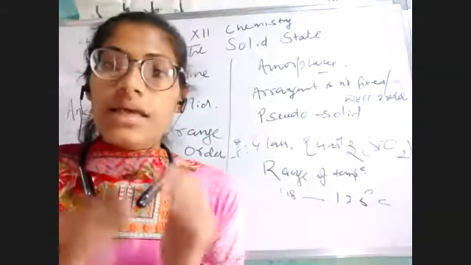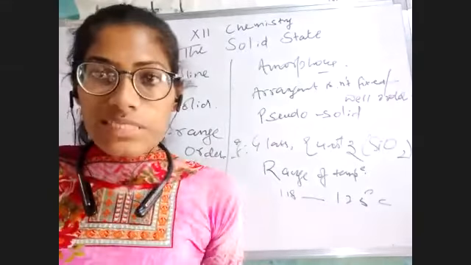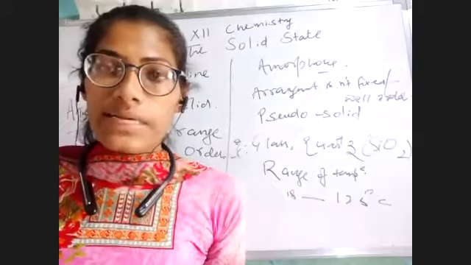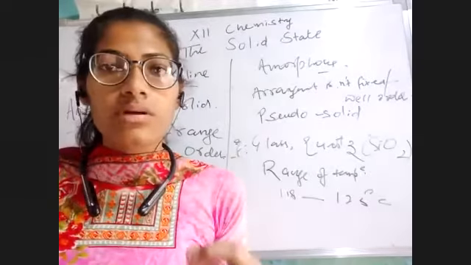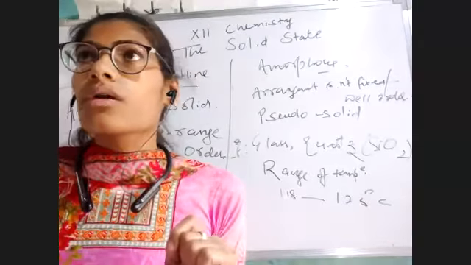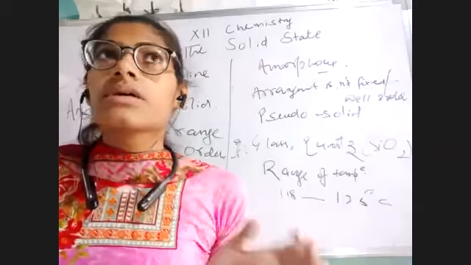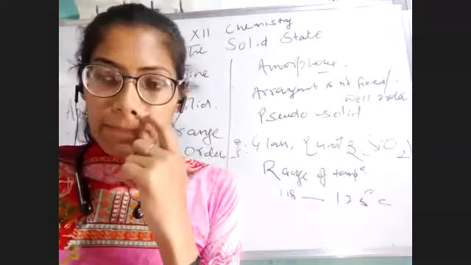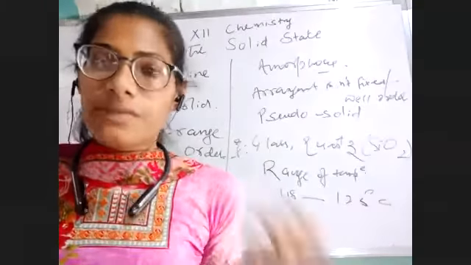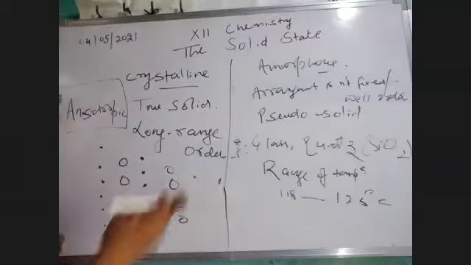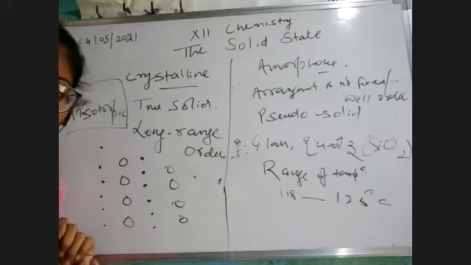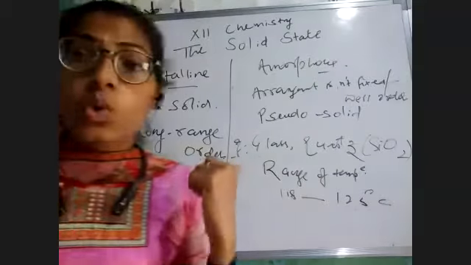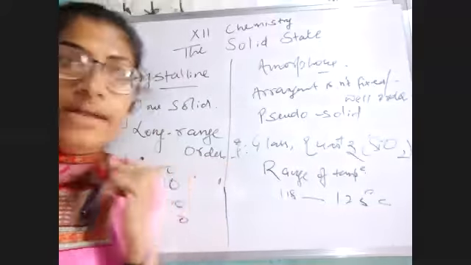Anisotropic means if we want to see different properties, like I want to check the refractive index, or any kind of property like reflection, then if we see from different directions, crystalline solids would show different physical properties.